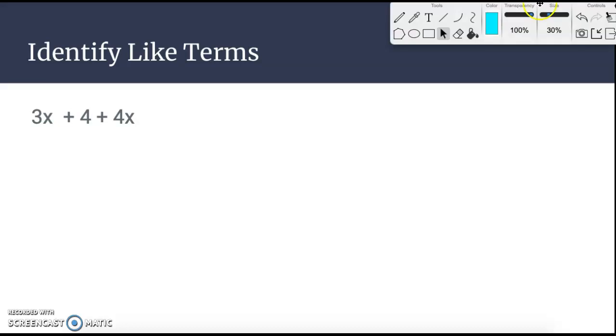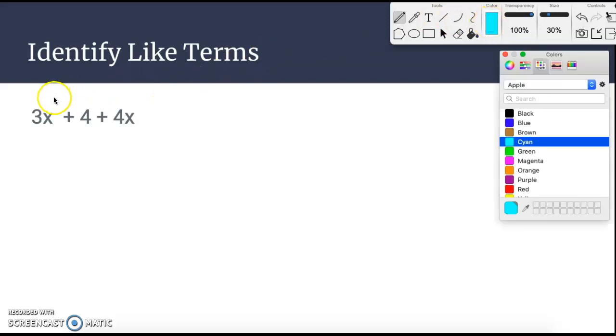Okay, so we are going to practice identifying like terms, and I'm going to show you what it means to combine them. So if we look at this expression, 3x plus 4 plus 4x, I'm going to start by looking for my variables. And I notice that I have a variable here with the 3x, and I have a variable here with the 4x.